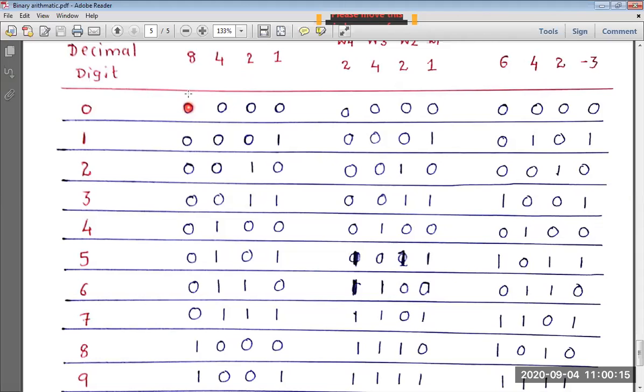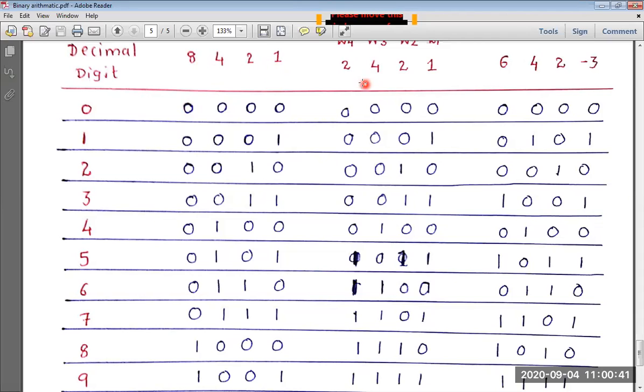The fourth digit, 2 power 3, which is 8. So the weights in the 8421 code are the same as those of the binary system. So binary digits are coded as they are. That's why it is called binary coded decimal system.